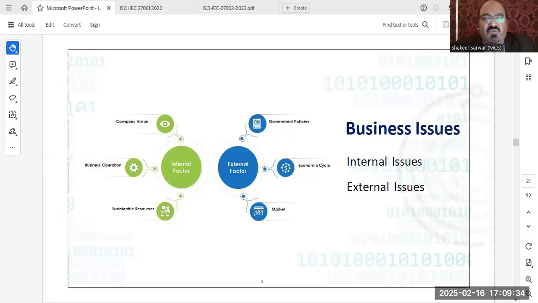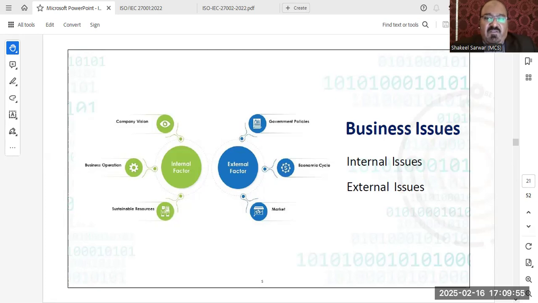Business issues, there are mainly two types where we put these business issues: internal issues and external issues. Challenges, risks, or external and internal factors that may impact the organization's ability to achieve its objectives.